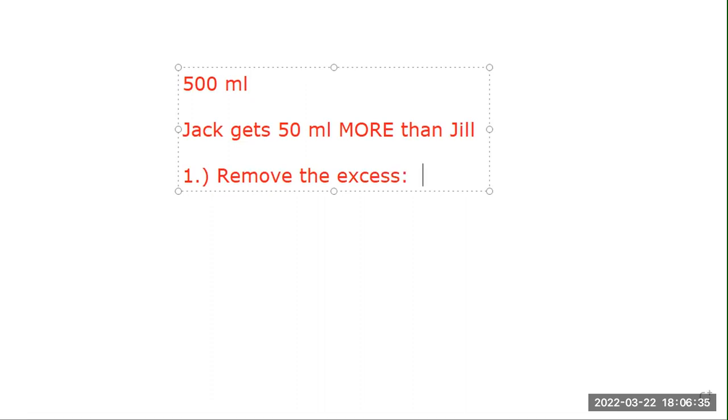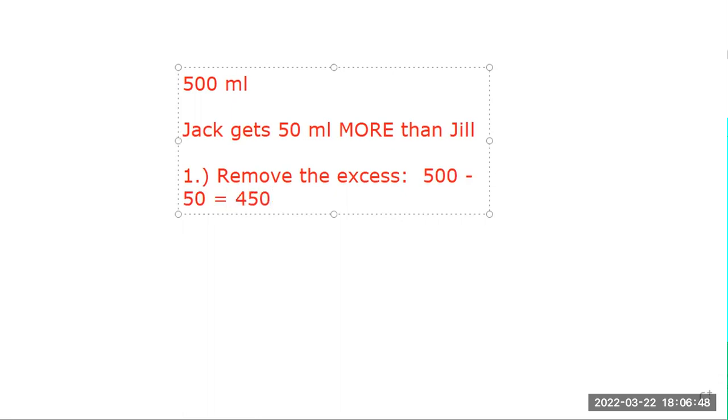If we have to remove the excess, we remove the more in this case. So the fact that Jack gets 50 milliliters more, we would subtract 50 from 500, and that would give us 450. So that's the first step in solving this problem. We remove the excess. The second step would be to divide whatever you're left with.